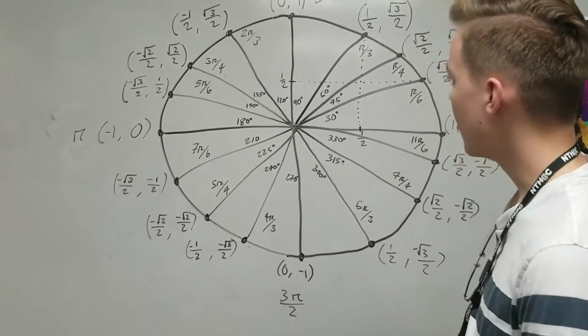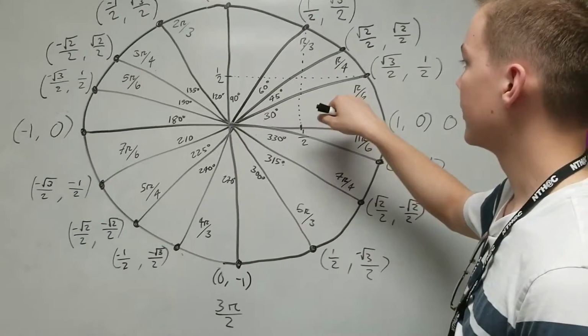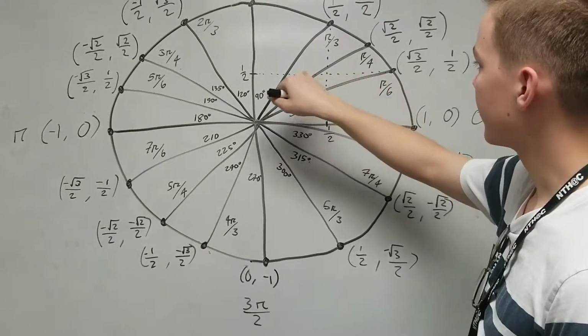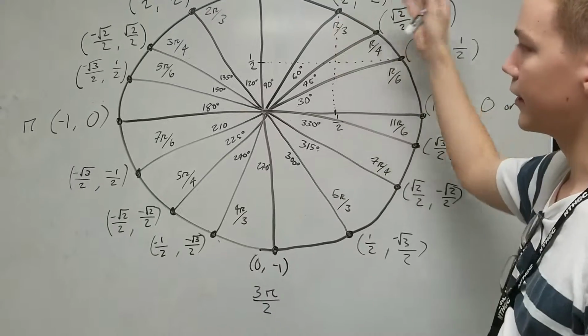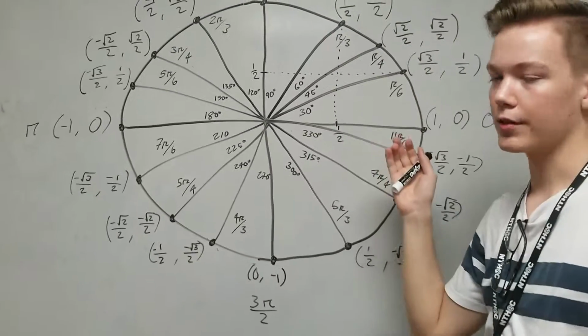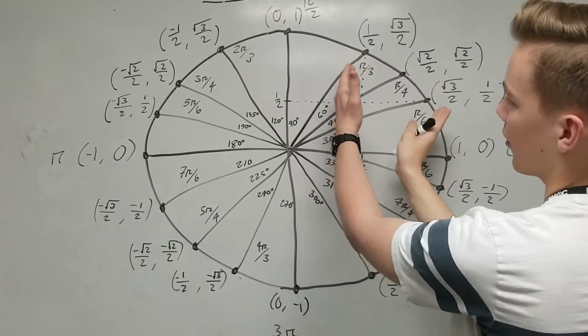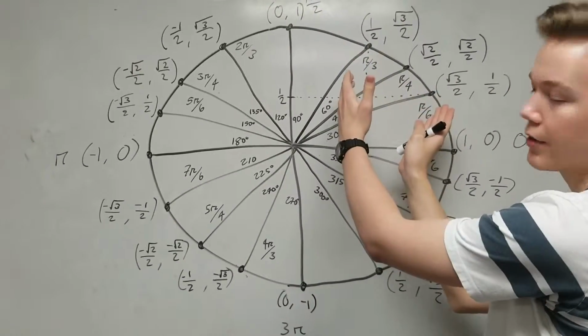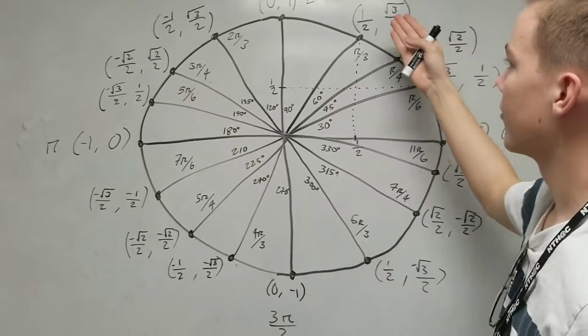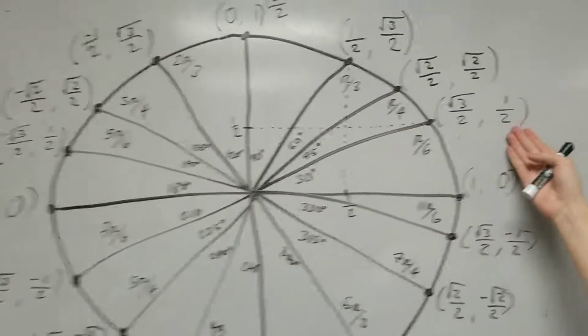And now we will look at ways to remember where at least the x and y coordinates are for the outermost coordinates in the different quadrants. What I mean by that is that you have 1/2 here and then 1/2 here.